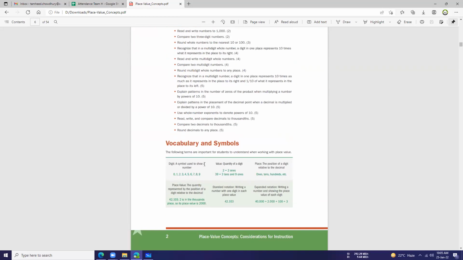Vocabulary and symbols. This is a new thing for us. How digits work, then values are ones and tens, like that. 39 here is 3 tens and 9 ones. That's how they determine value. And then the places: ones, tens, hundreds.